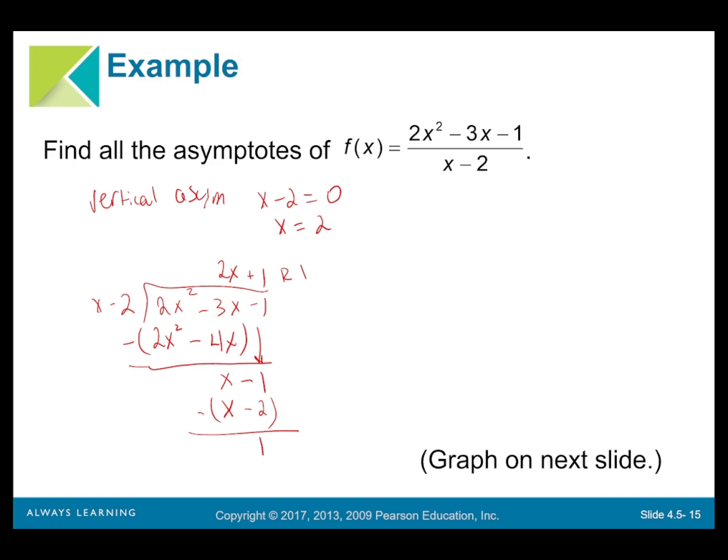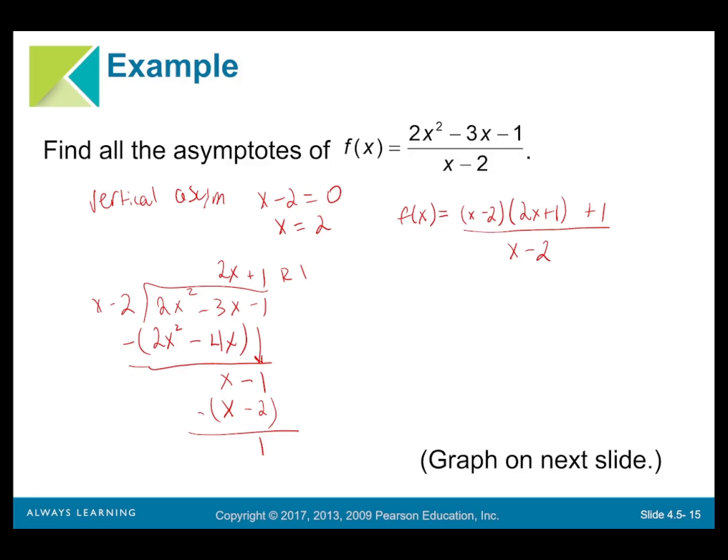What that really tells me is that f of x can be written as x minus 2 times 2x plus 1, all divided by x minus 2. That's what we get out of factoring out that top numerator, at least factoring it as much as we can with long division.